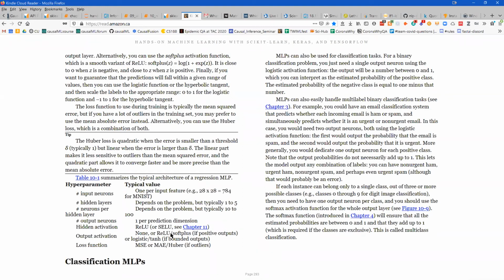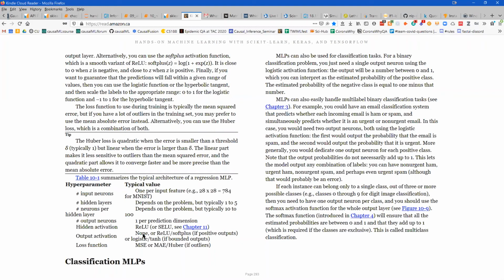Oh, I'm sorry, this line refers to input. Output activation could be none, or ReLU, or logistic, or tanh if you need bounded outputs. The hidden activations are usually going to be ReLUs.